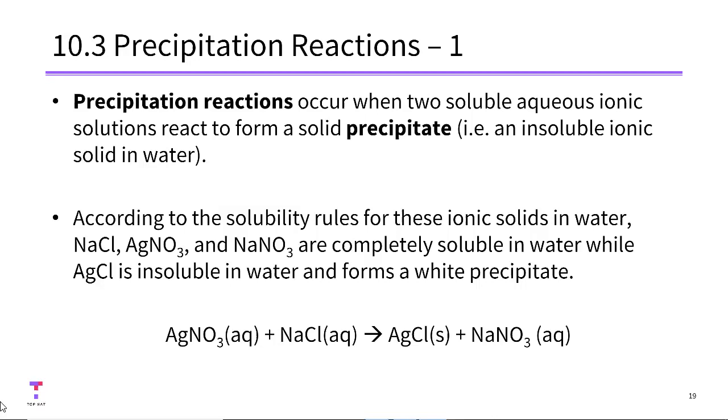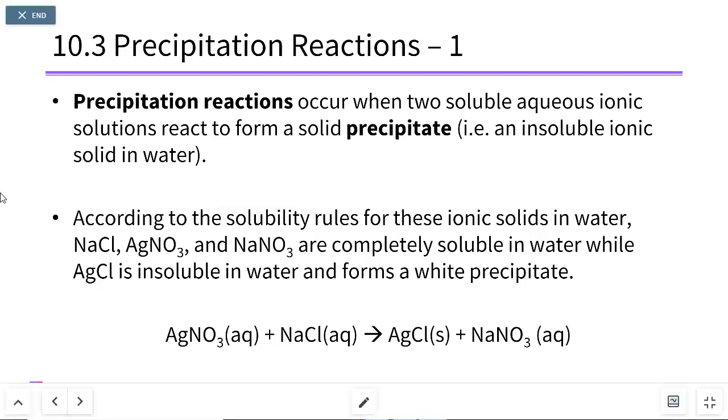Now, precipitation reactions are kind of the primary driver here. But what we'll notice is that in addition to precipitation reactions, we also have other reactions that are similarly constructed to precipitation reactions, but don't necessarily give us a solid.